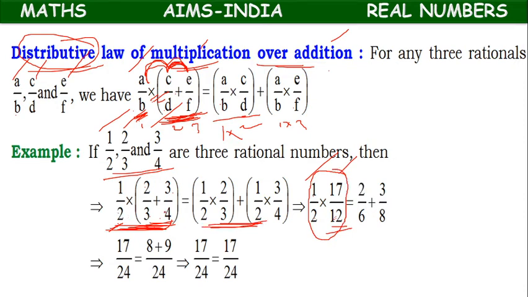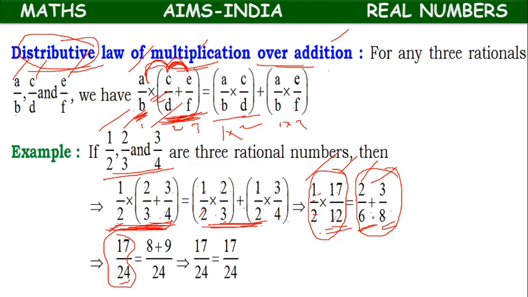If we take it as RHS, 1 by 2 into 2 by 3 plus 1 by 2 into 3 by 4. So 1 into 2, 2, 2 into 3, 6, 1 into 3, 3, 2 into 4, 8. If we multiply both of them, and add both of them, 1 into 17, 17, 2 into 12, 24, LHS is 17 by 24.